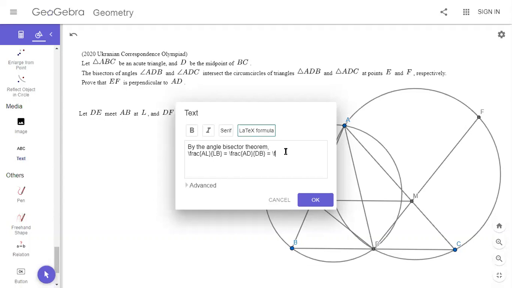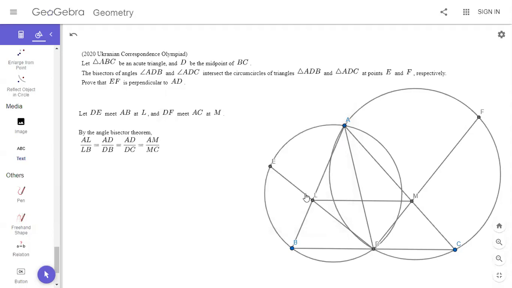Here's where we use that B as the midpoint. So AB over BC is equal to AM over MC. And so that means that LM is parallel to BC.